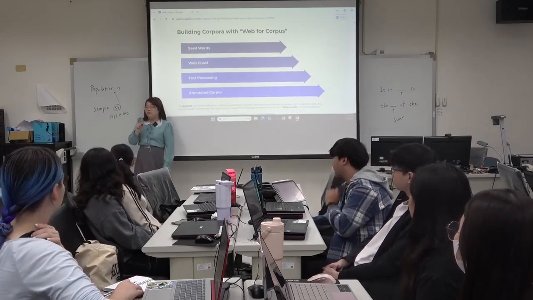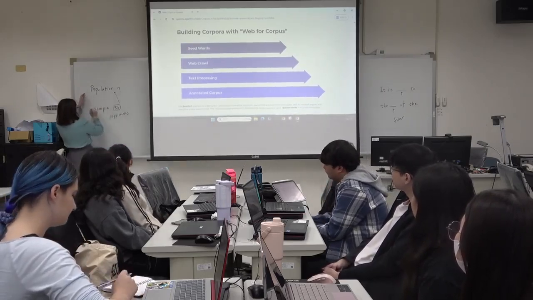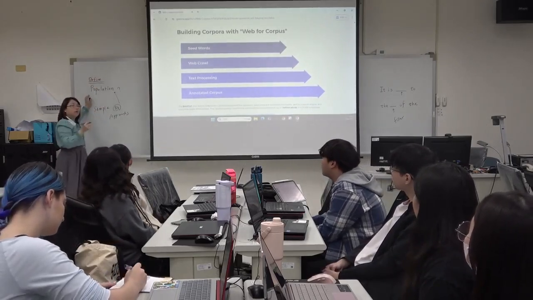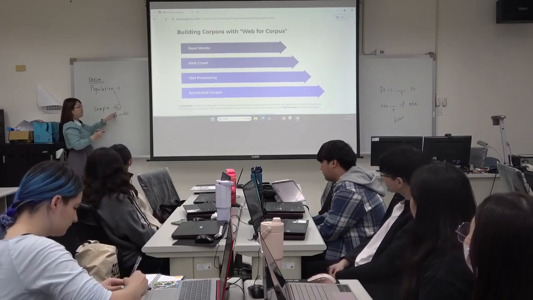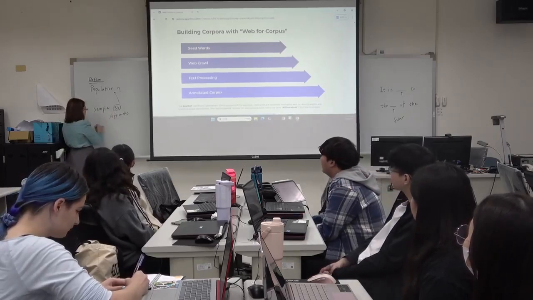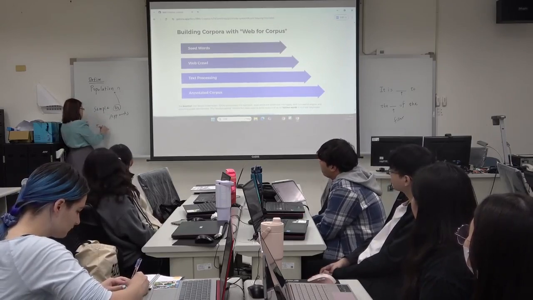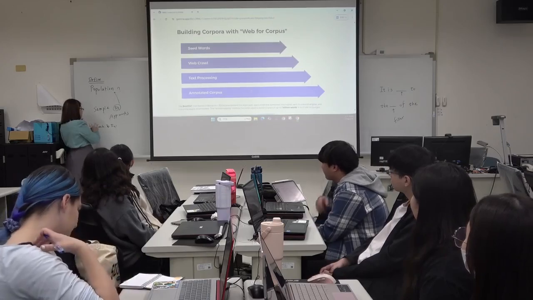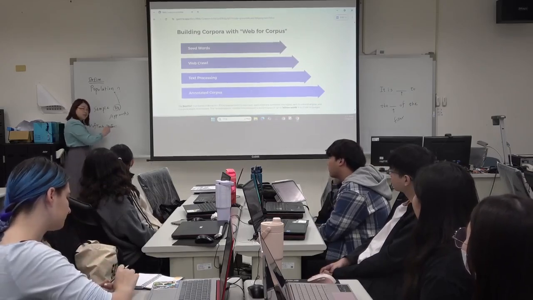So then you need to define your population. Let's say one class is from NKUST, so we are talking about the University of Technology and Science in Taiwan.